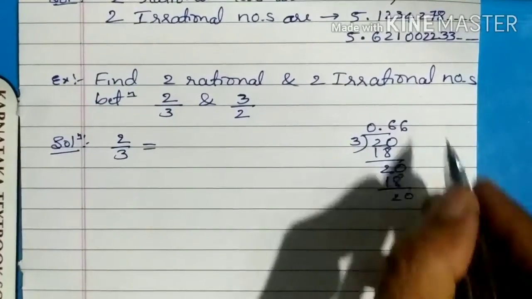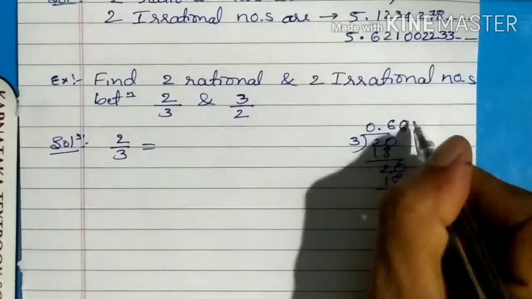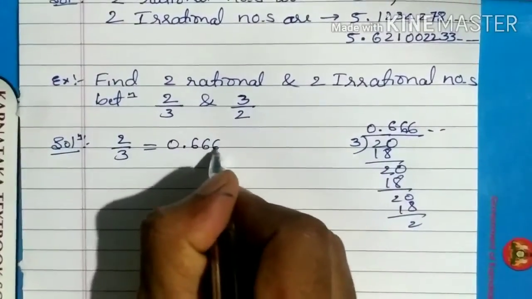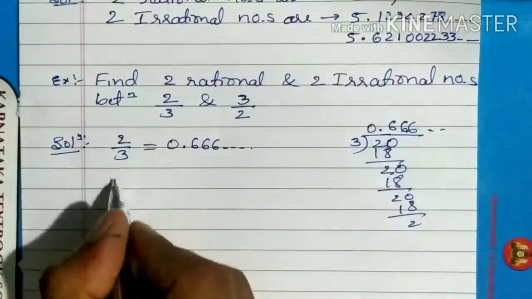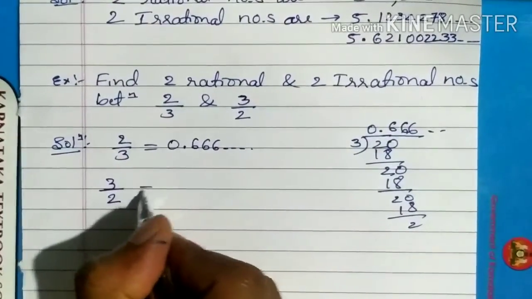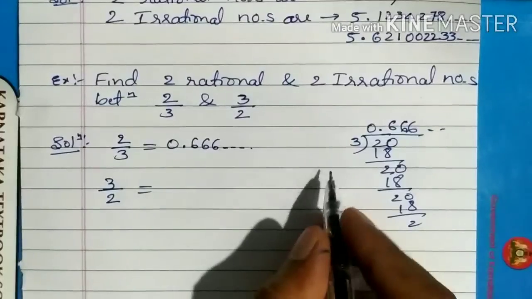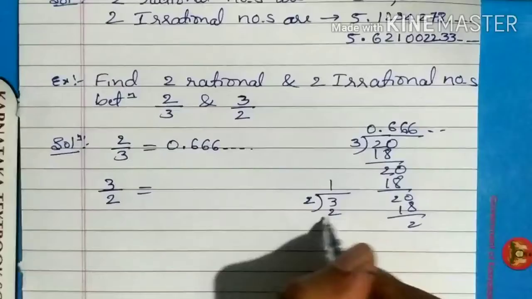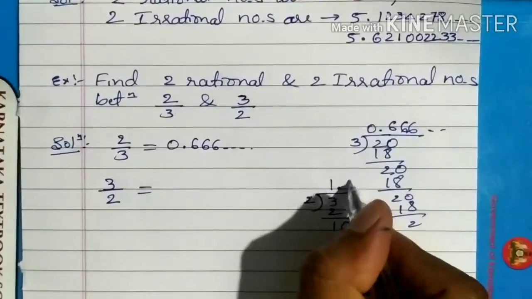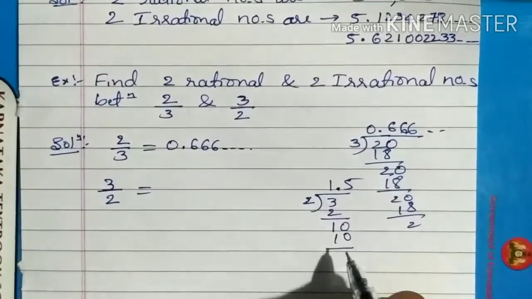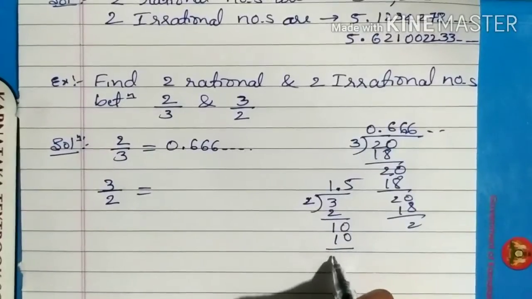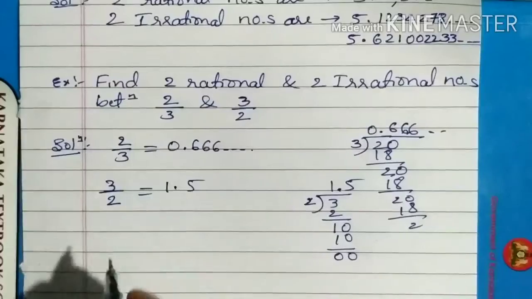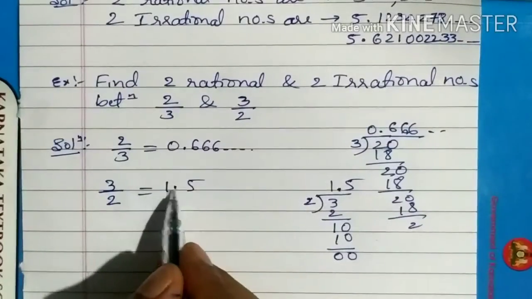The remainder will not end, so it is 0.6666 and so on. Similarly 3/2: dividing 3 by 2, 2 ones are 2, 1 remaining, 0, 2 fives are 10, so 1.5. So we have 0.666 and 1.5.